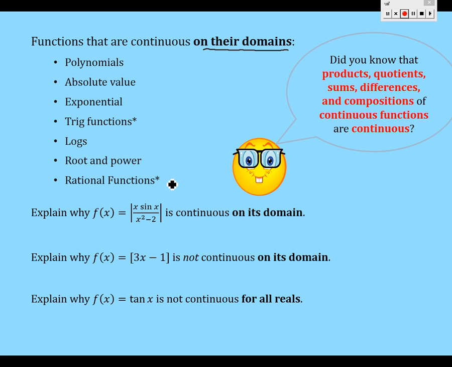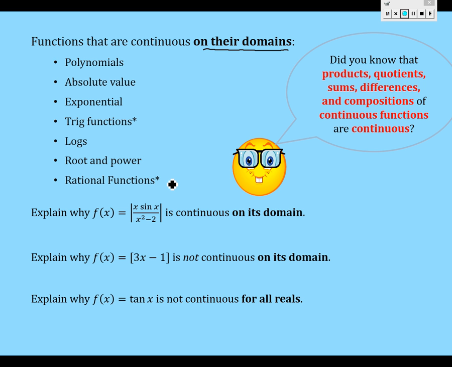If you wanted to do x squared sine x, continuous. If you wanted to do tangent x divided by e to the x, continuous. Again, on its domain, wherever it might be defined, it will be continuous. And to prove that is beyond the purview of this course, that's for sure. We can come talk about it sometime, maybe in a real analysis course.